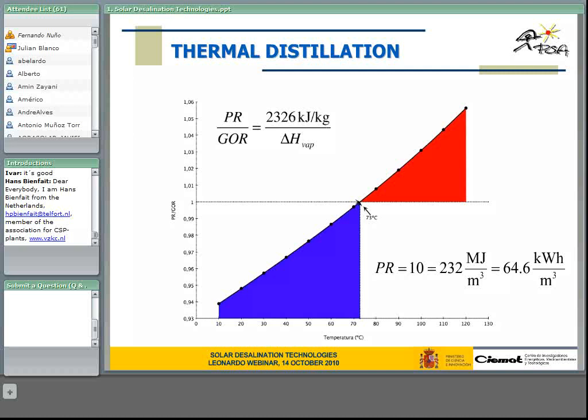But if the temperature is higher, then the performance ratio is slightly higher than the GOR. And if we go to lower temperatures, then it is the GOR that is slightly higher than the performance ratio. But in general, the two figures are very similar.